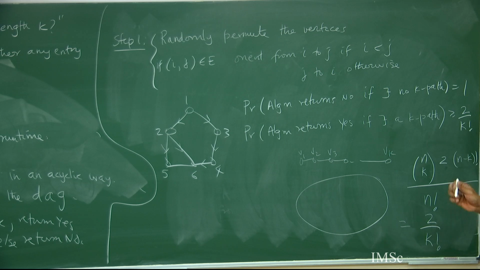And this is good, this is exactly what we wanted. We wanted some probability which is like an f of k, n to the c in the denominator, it is k factorial.